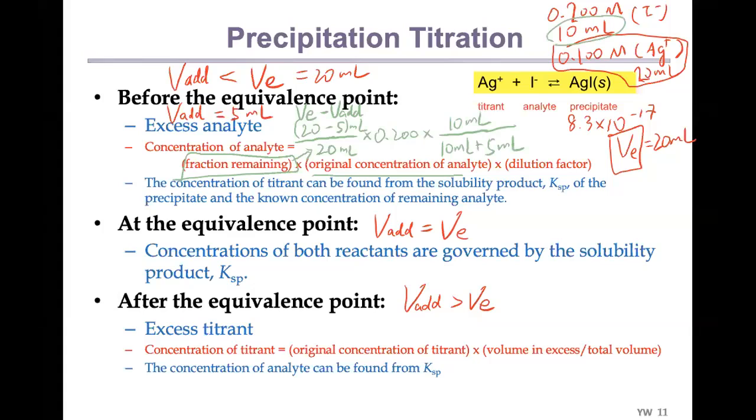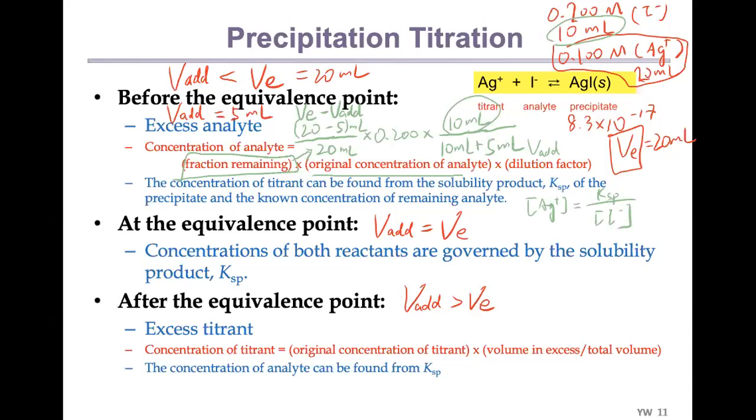Okay, so this is your original volume, and this is your V add. Okay, that's how you calculate the concentration of the analyte. And once you get the concentration of the analyte, the silver ion will just be the KSP divided by the iodide ion.